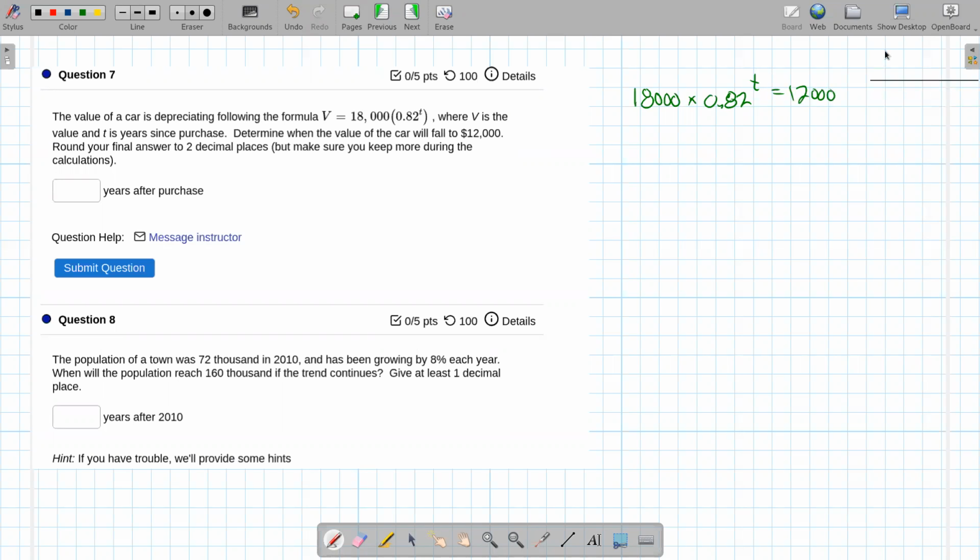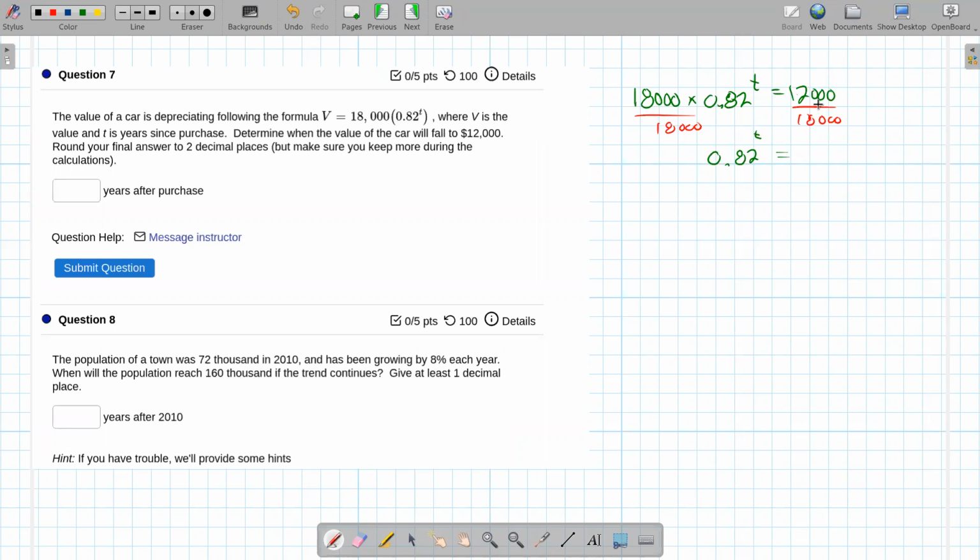So same set of steps we applied before, we're going to divide, and then we're going to apply logarithms to solve it. So I would divide by the 18,000. That's going to leave 0.82 to the power t.